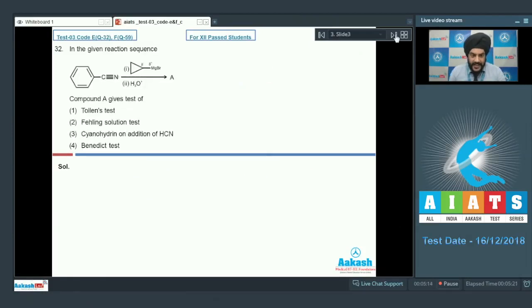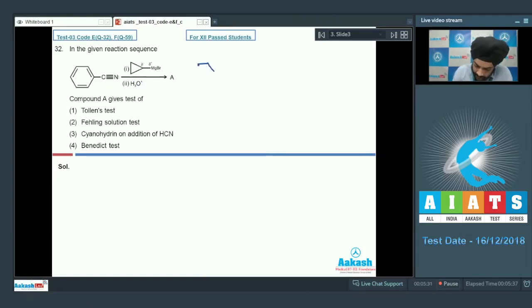Let us look at the next question now, question number 32. In the given reaction sequence, students, we have phenyl cyanide and we have cyclopropyl magnesium bromide. So this Grignard reagent will attack the carbon of the cyanide group and then it is further subjected to hydrolysis.